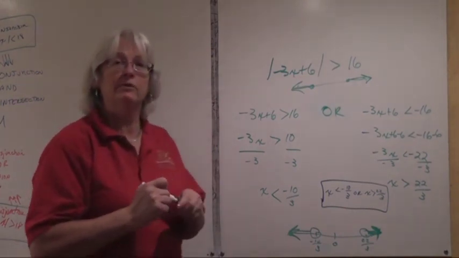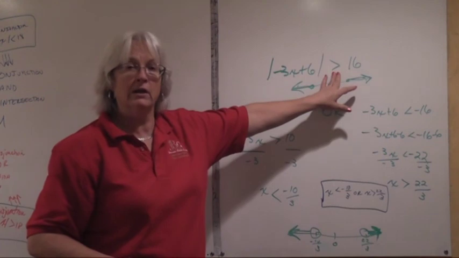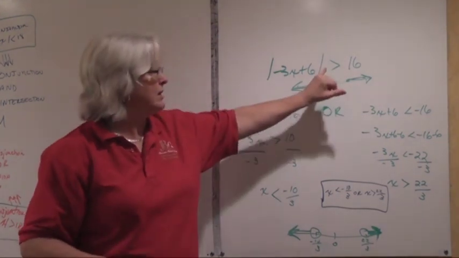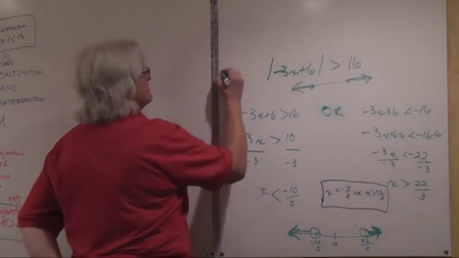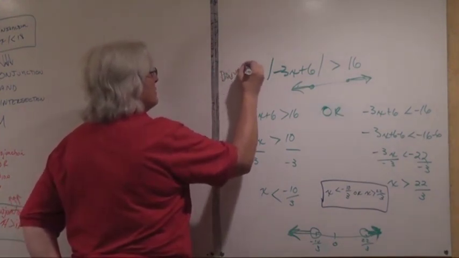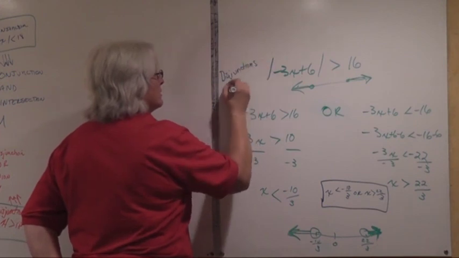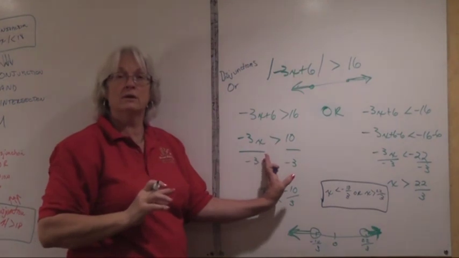When you have absolute value inequalities that involve greater than or greater than or equal to, these are called disjunctions. They have or, which means they only have to fulfill one condition.